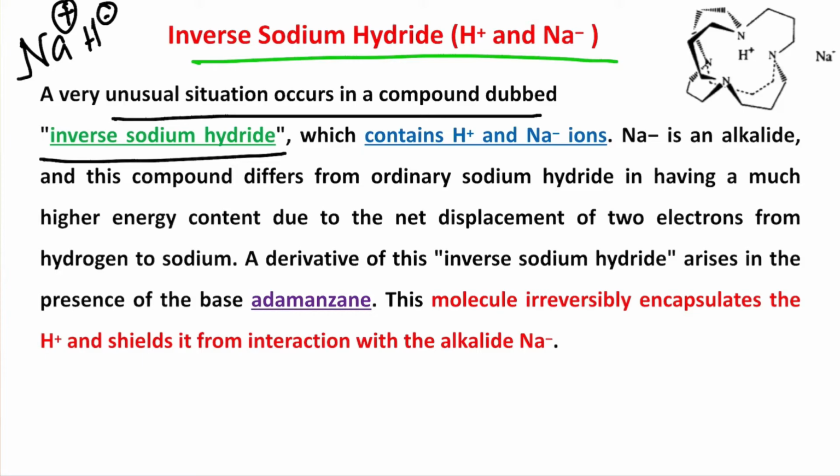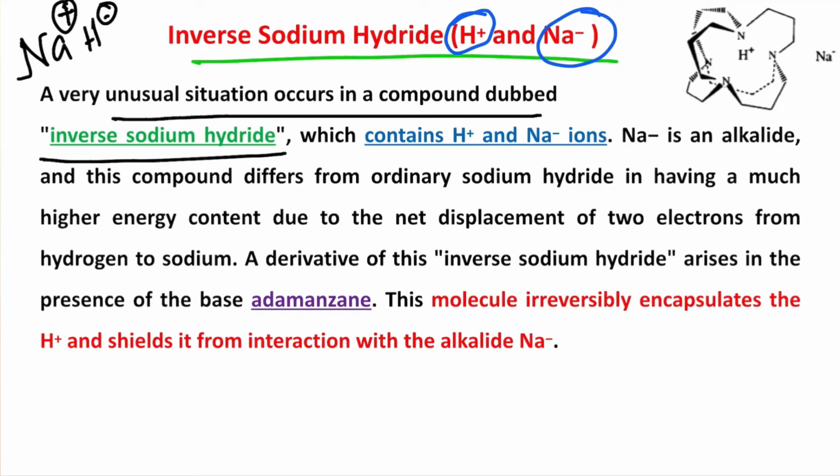We know hydrogen can behave as a group 1 element as well as a group 7 element. It has an ambiguous character depending on the counterpart. So that's why this is called inverse, since in this case the material contains hydrogen plus and sodium minus, then hydrogen should be extremely stabilized, as I told some time before.